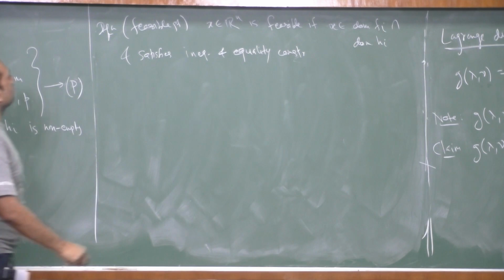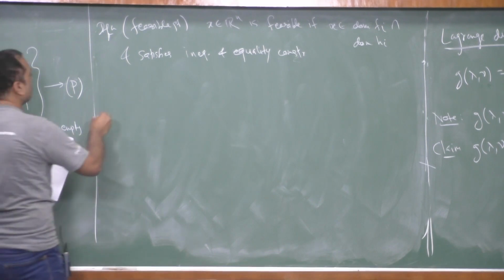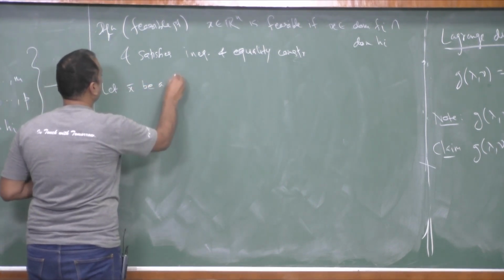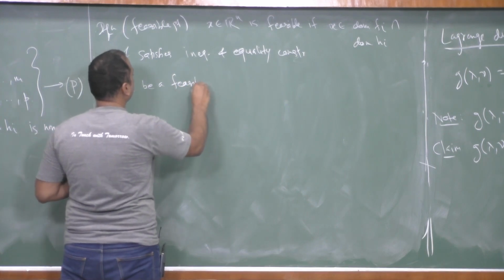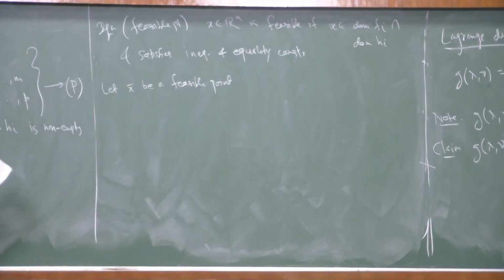A point x is called feasible if it is in the domain of all these functions, and it satisfies the inequality constraints and the equality constraints. Then at least there is a point so that I can work on the optimization problem. Let x bar be a feasible point for the optimization problem P.